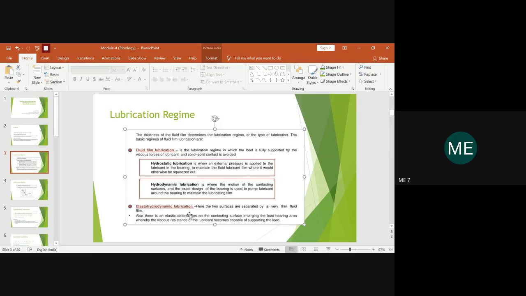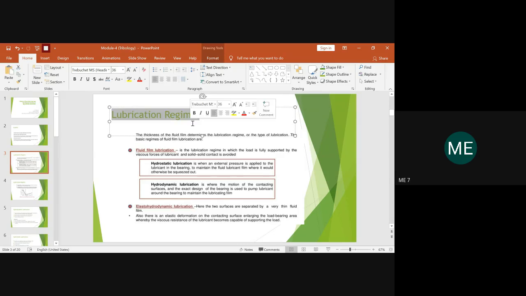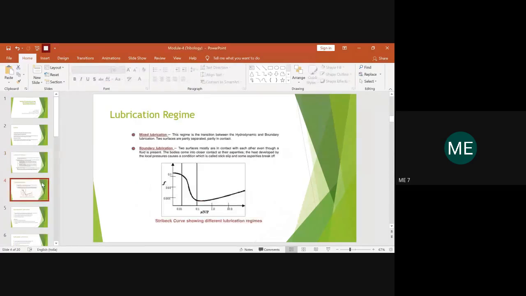I don't want to dig into the classification of lubrication again, but for your reference, I have highlighted the terminology called lubrication regime. This lubrication regime determines the thickness of the fluid film we are using. Based on the thickness of the fluid film, you can categorize whether it is hydrostatic or hydrodynamic, whether it comes under fluid film, elastohydrodynamic lubrication, mixed lubrication, or boundary lubrication.